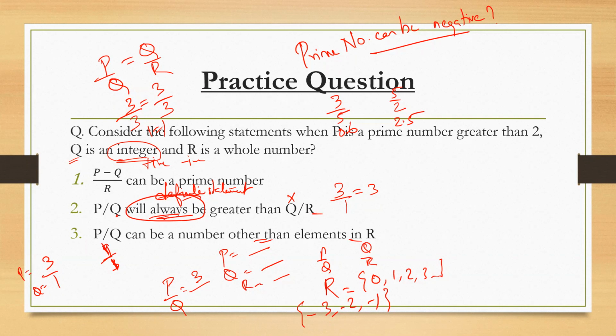What about others? Prime numbers are subset of negative numbers. No. Okay. So see here, Nitish, it cannot be actually.